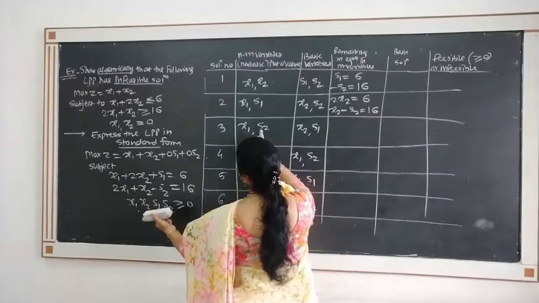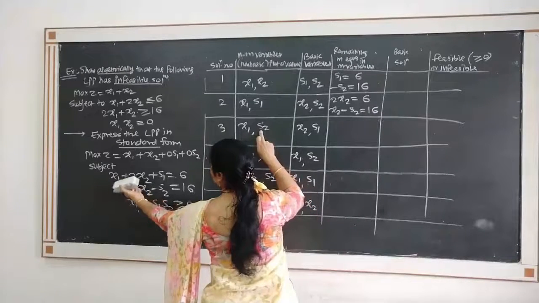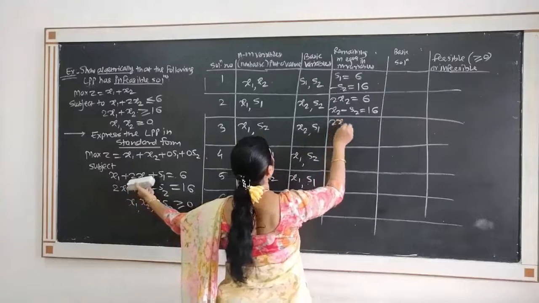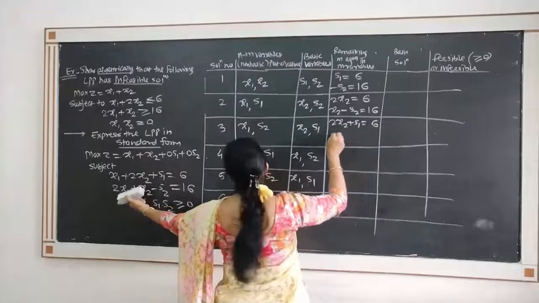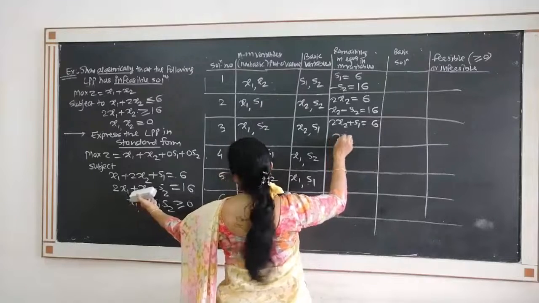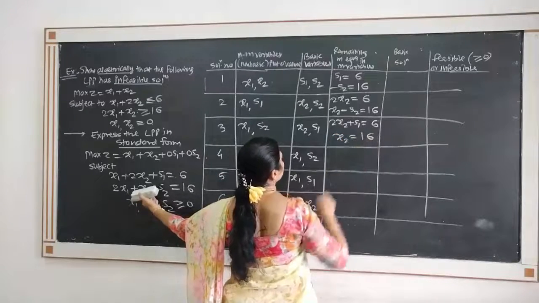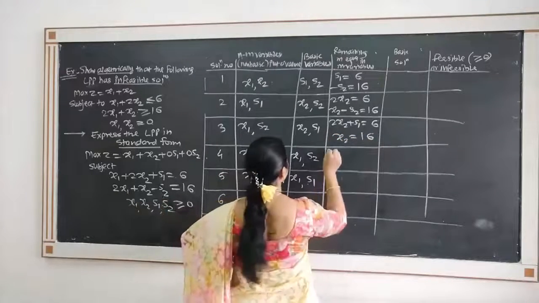Now put x1 and s2 equal to 0. Then 2x2 plus s1 is equal to 6, and x2 is equal to 16.